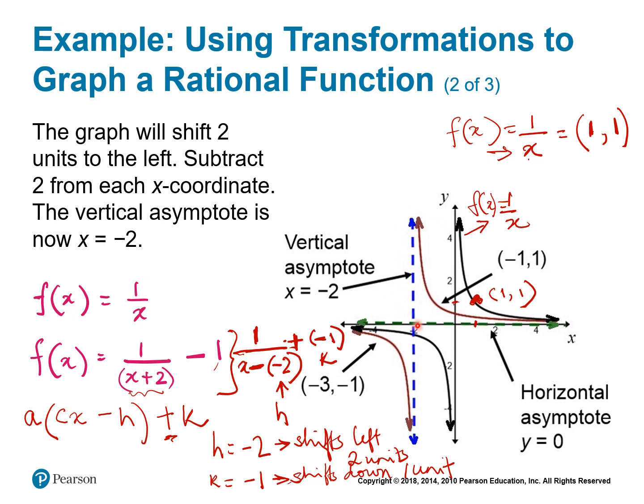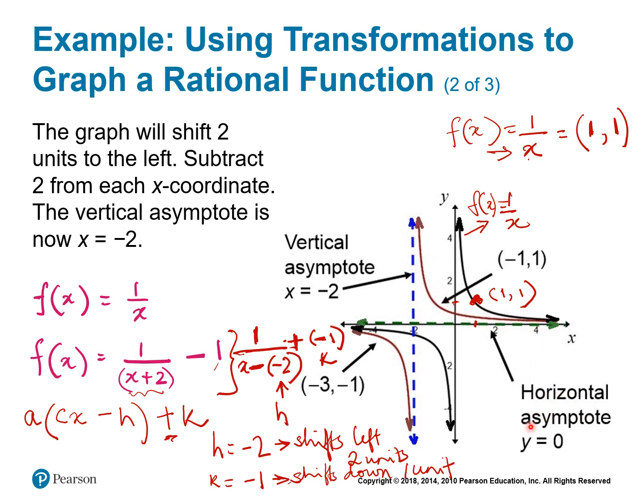We have to shift the vertical asymptote first. And then there is a horizontal asymptote as well. The horizontal asymptote is at y equal to 0. That is going to shift down 1 unit. So we first draw the graph along the vertical asymptote.